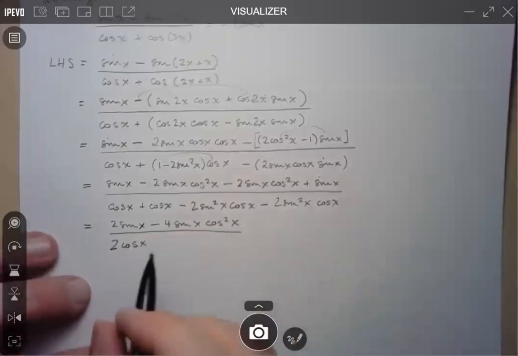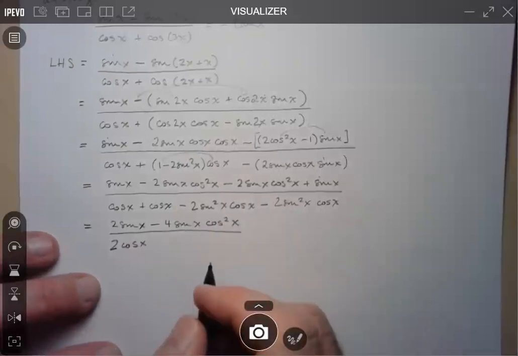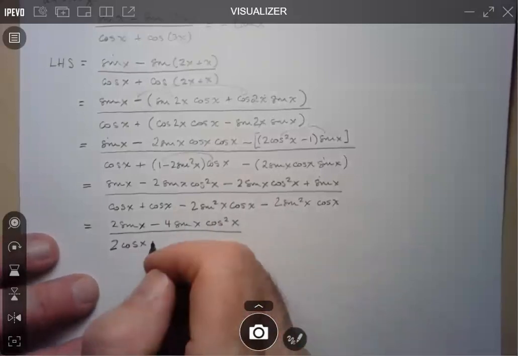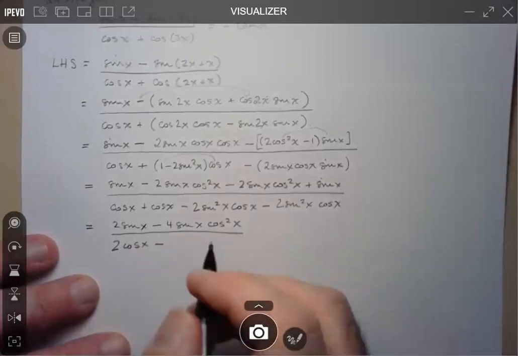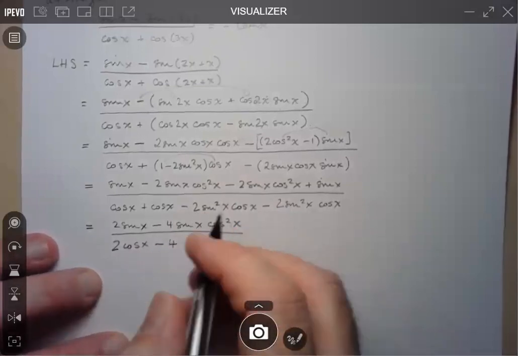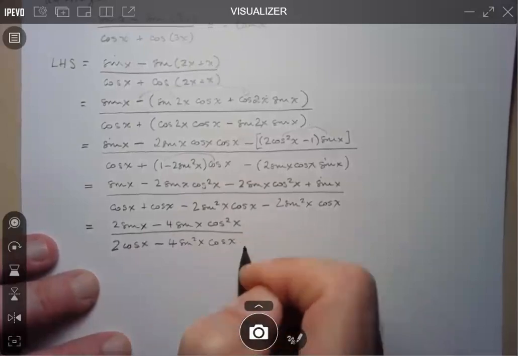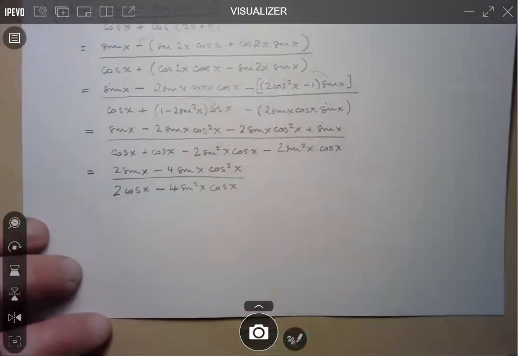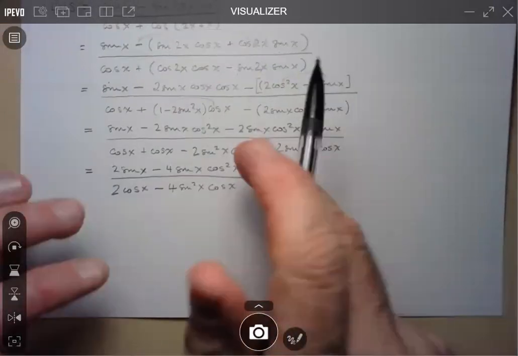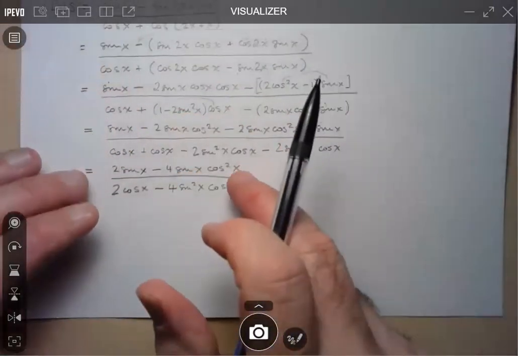And then here we have minus 2 minus another 2, so that's minus 4 sine squared x cos x. So already it's looking better. It got really ugly, and now it's getting a little better.